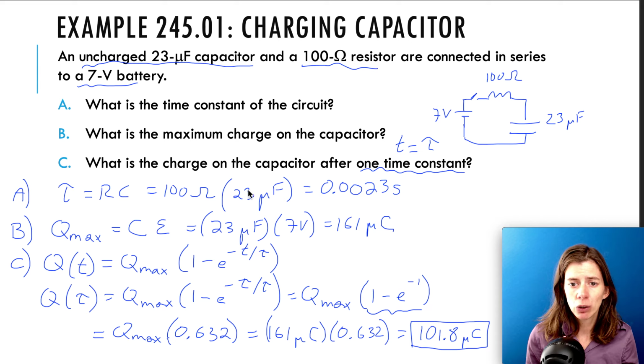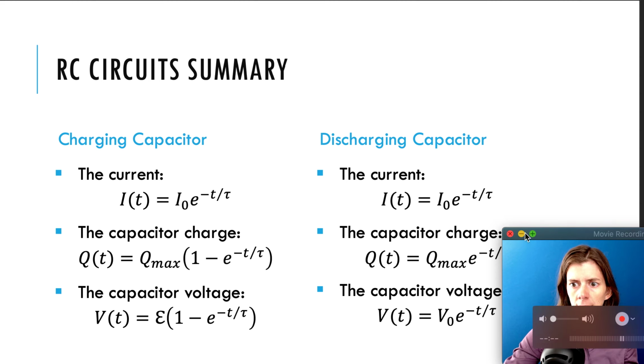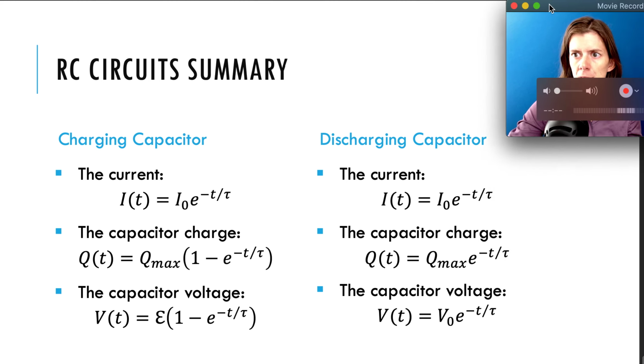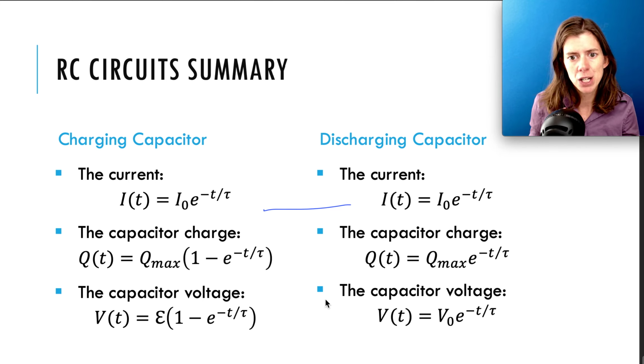I do want to make a note to really pay attention to the equations that you're using. We have a summary slide here that shows all of the equations. You see that the equations for the current are the same, but they're different for charge and voltage.